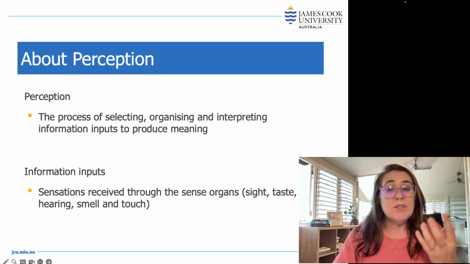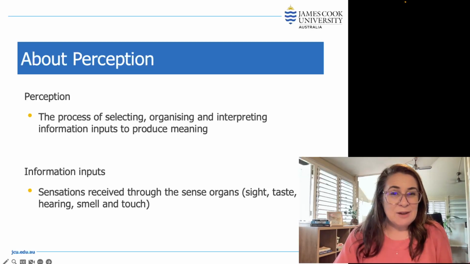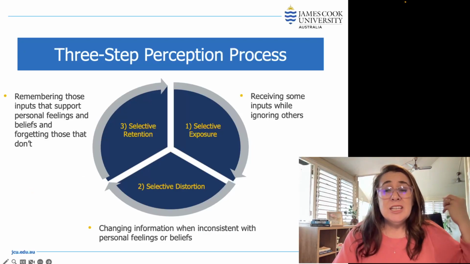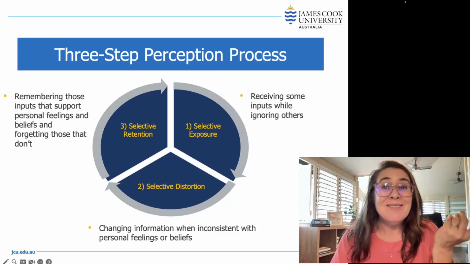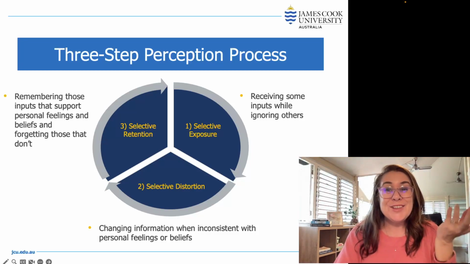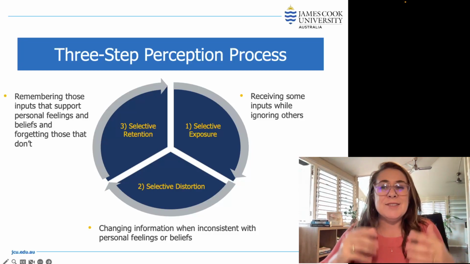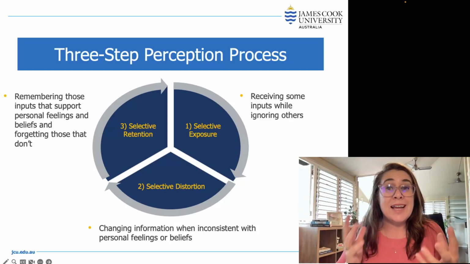And then we look to produce meaning based on those sensations that we've received. Although we receive numerous pieces of information all at once, only a few actually reach our awareness. How much of what I'm saying right now is actually reaching through to your awareness? We select some inputs and ignore others because we do not have the ability to be conscious of all inputs at one time.